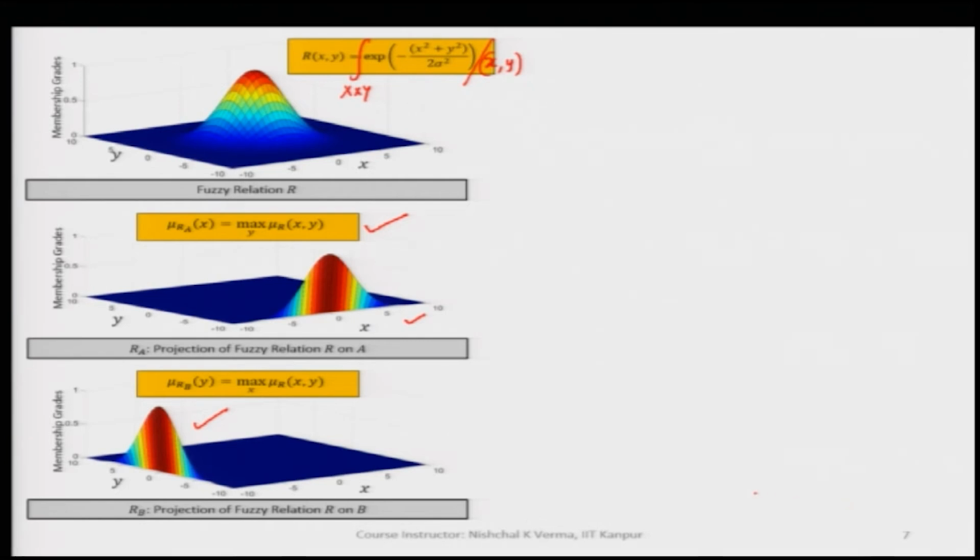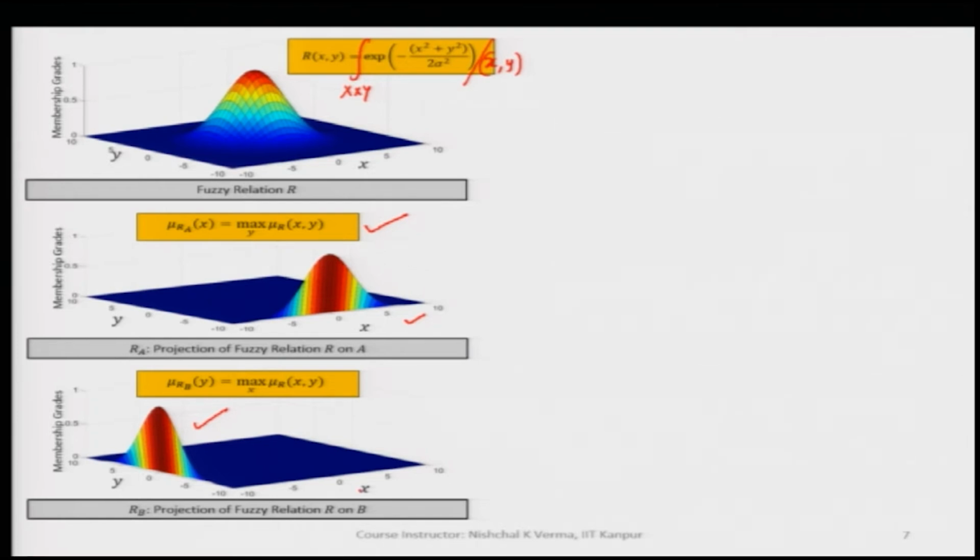Originally we started with the fuzzy set with 2 generic variables x, y, and when we take the projection on A, we are only retaining x as the generic variable and eliminating y. Similarly, when we take the projection on B, we are only retaining the y generic variable and eliminating x.